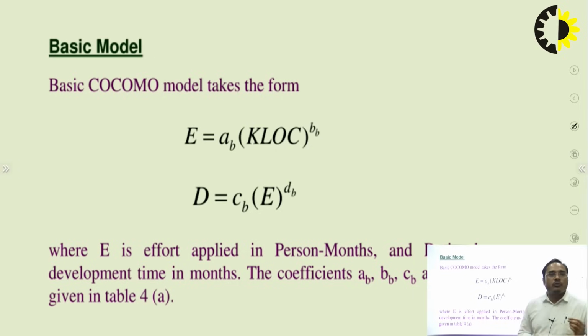So basically E focuses on person-months. And what about D? D is the development time in months. So how much time it takes to develop the project and how many persons are used to develop that particular project. So there are two values you are going to calculate by using this formula.